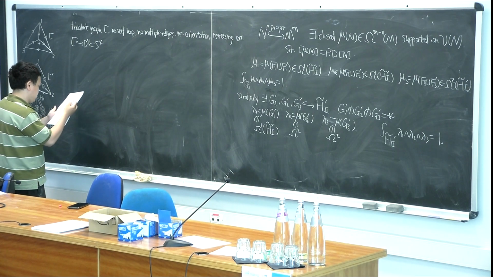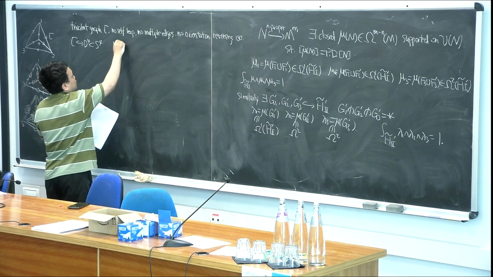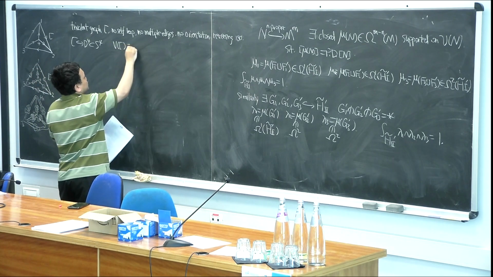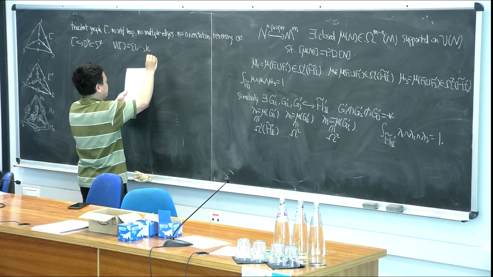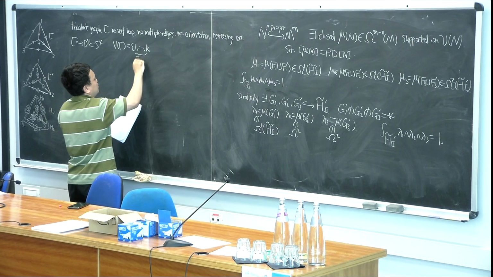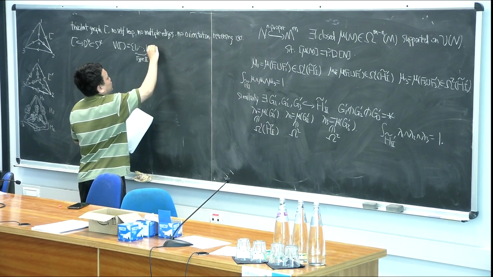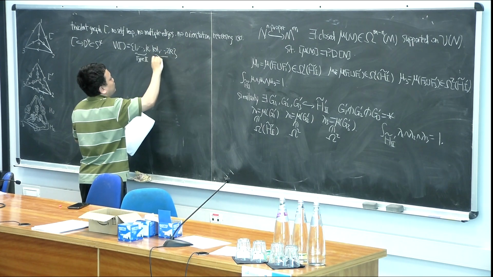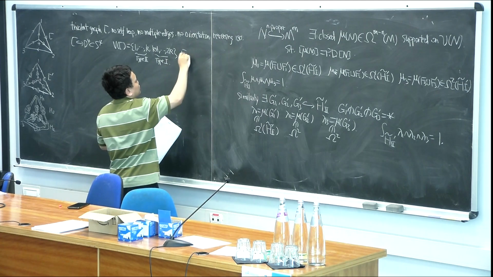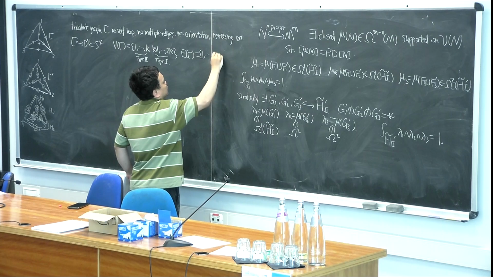This is what we did yesterday. We are going to order the vertices such that the first k vertices are of type 2. I will review what I mean by type 2, and the rest are type 1. Since it's a trivalent graph, there are 3k edges.